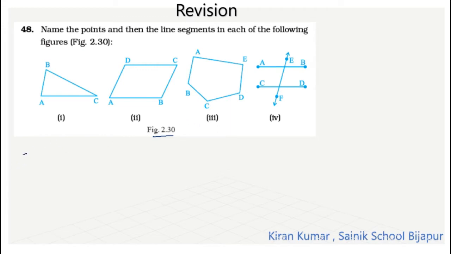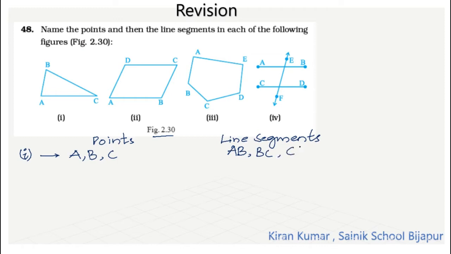In the first one, we have got the points as A, B, and C. And the line segments are line segment AB, BC and CA.